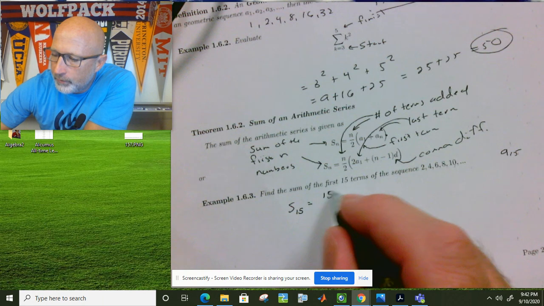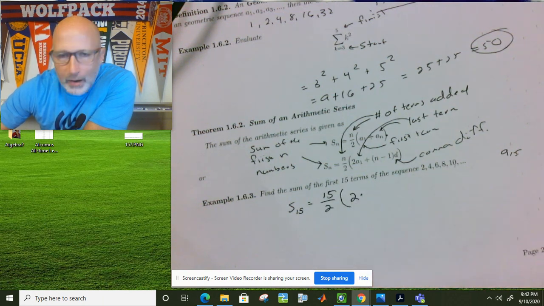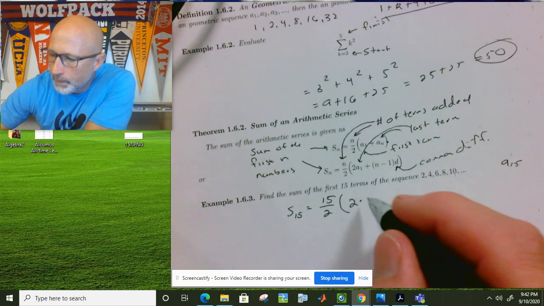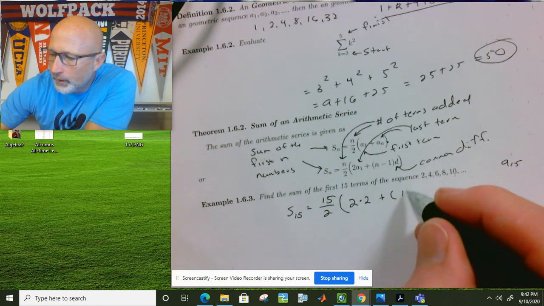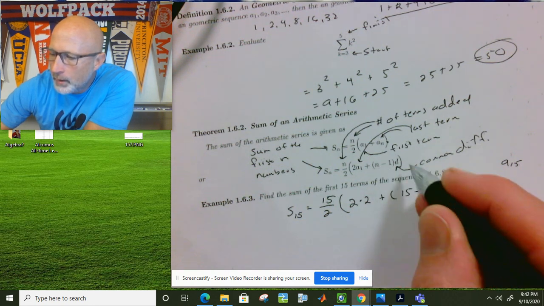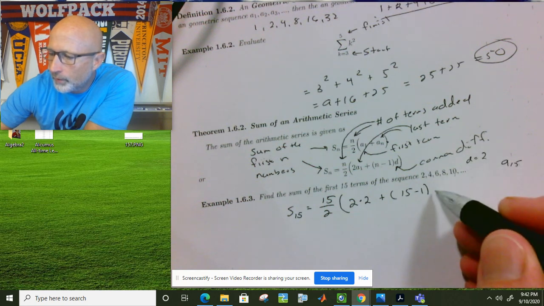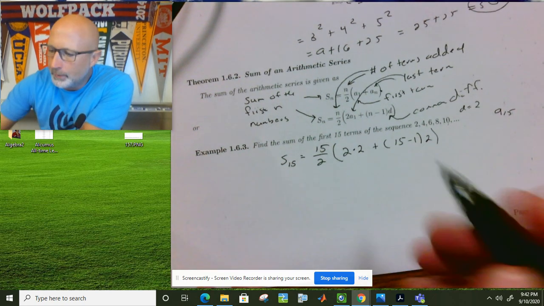So that's going to be 15 over 2 times 2 times A1. A1 is the first term in the sequence, which in this case is 2. Plus n is 15 minus 1 times d. And you guys can see the common difference here is 2. So times 2. And then I just have to simplify it, and that's it.